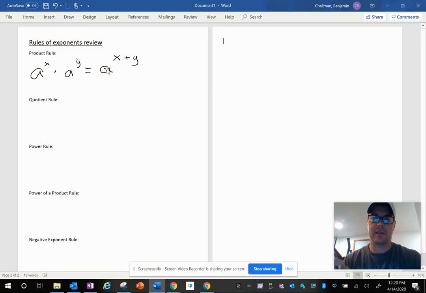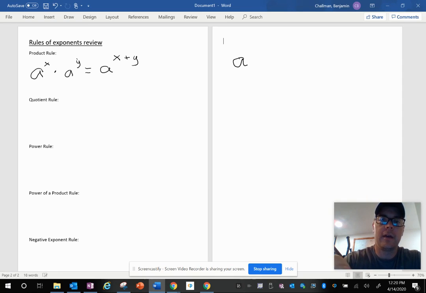So let's take a look at this a little bit more realistically over here. If I had a to the second power times a to the fifth power, that would equal a to the 2 plus 5, which would equal a to the seventh power.